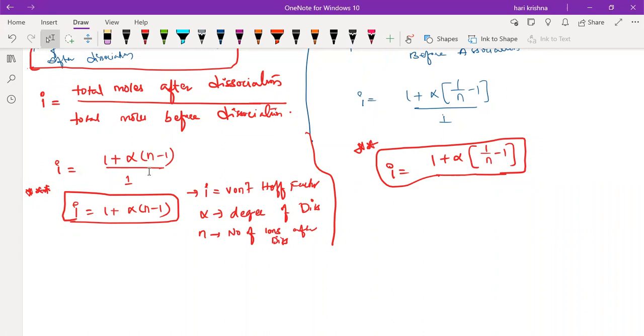In which case do we use n, and in which case 1 by n? For dissociation, n, and for association, 1 by n.